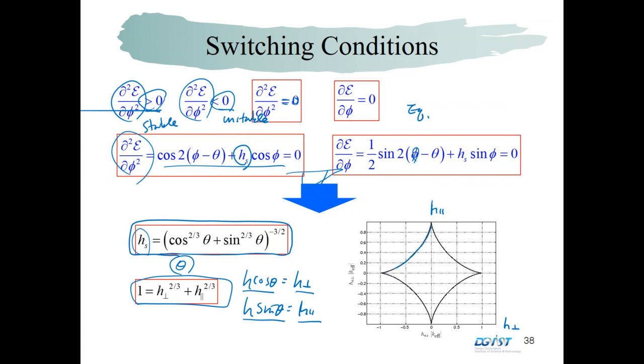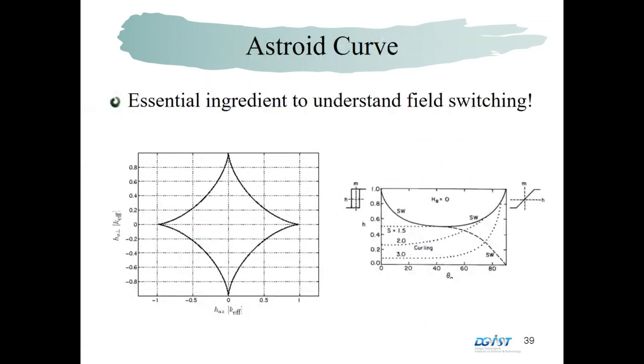This curve is called the asteroid curve, and it is very important in spintronic devices. Okay. So it's called the asteroid curve, and this implies that when we apply the field along the easy axis, the loop shape is something like this, very square. And the switching field is 1 in the normalized field.